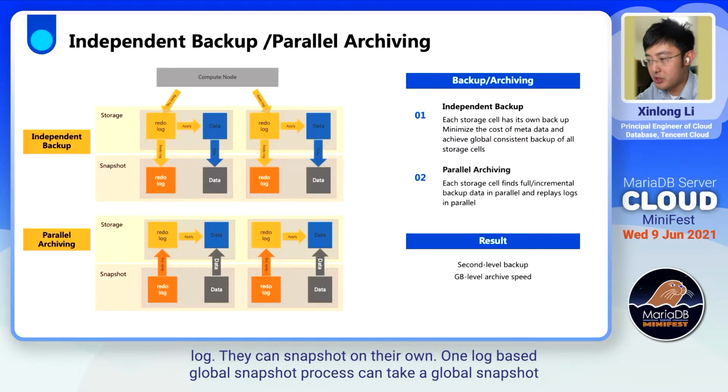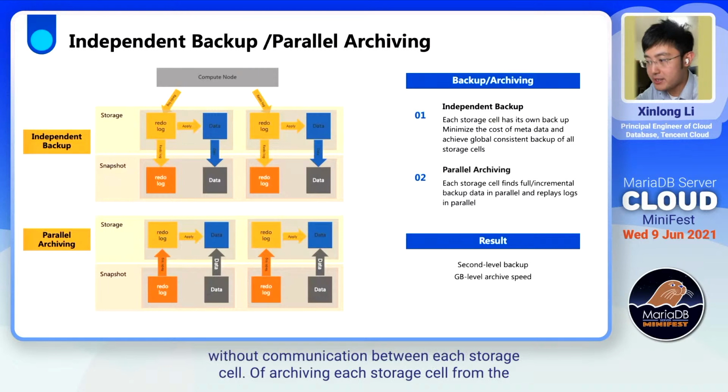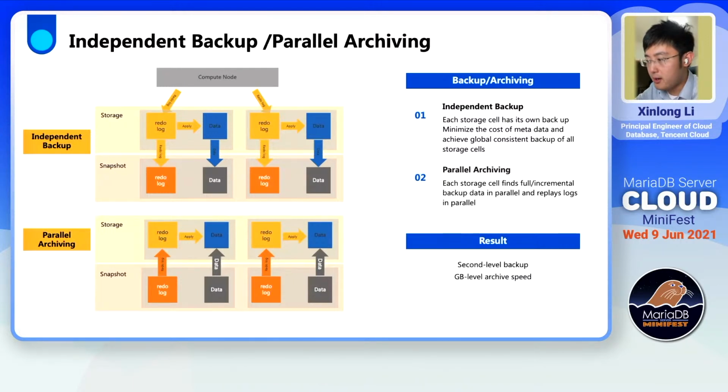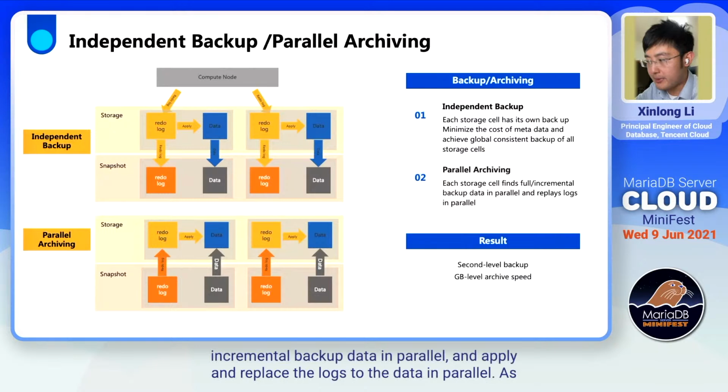They can snapshot on their own. One log-based global snapshot process can take a global snapshot without communication between storage cells. For archiving, each storage cell fetches full and incremental backup data in parallel, and applies and replays the logs to the data in parallel.